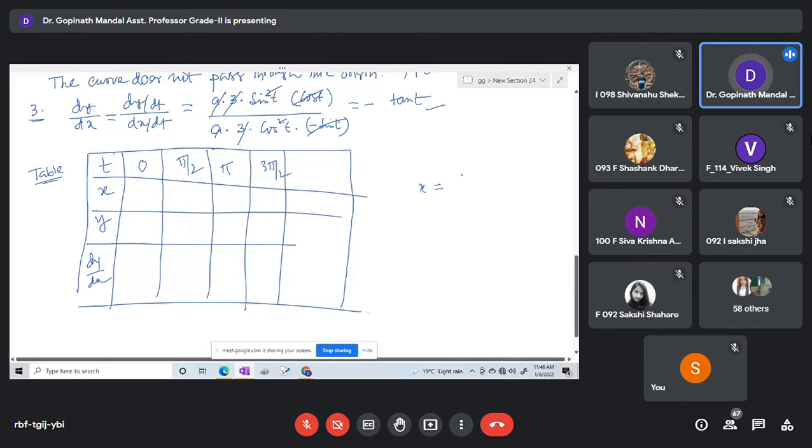The curve is x equal to a cos cube t and y equal to a sin cube t.